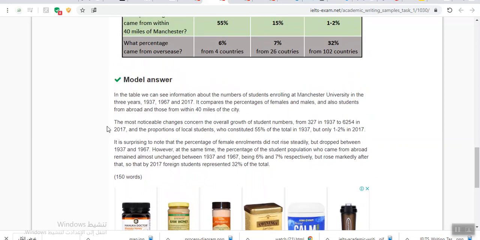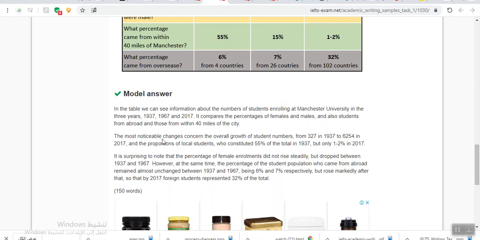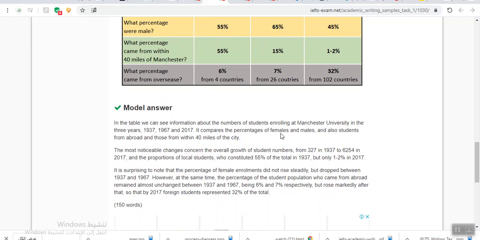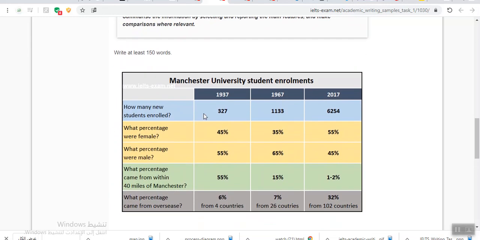Okay, here we have: the most noticeable change concerns the overall growth of student numbers from 327 in 1937 to 6,254 in 2017. As you can see, the most noticeable change. This is the phrase that he used to say that there is a difference between these two numbers.